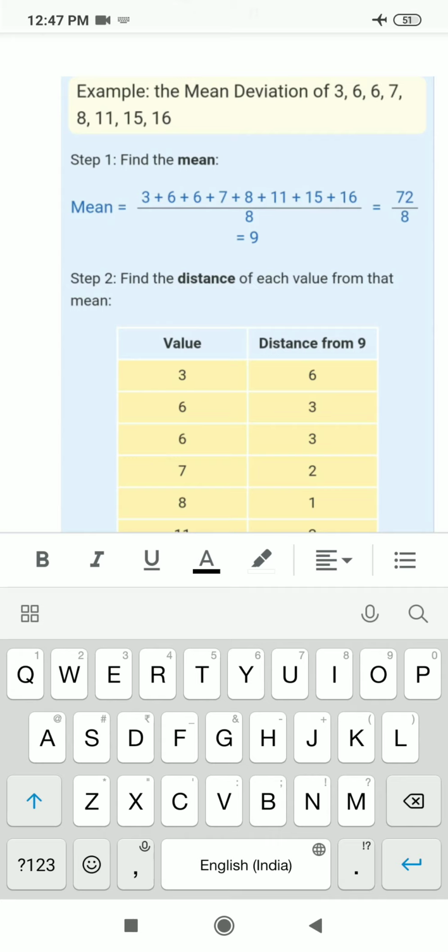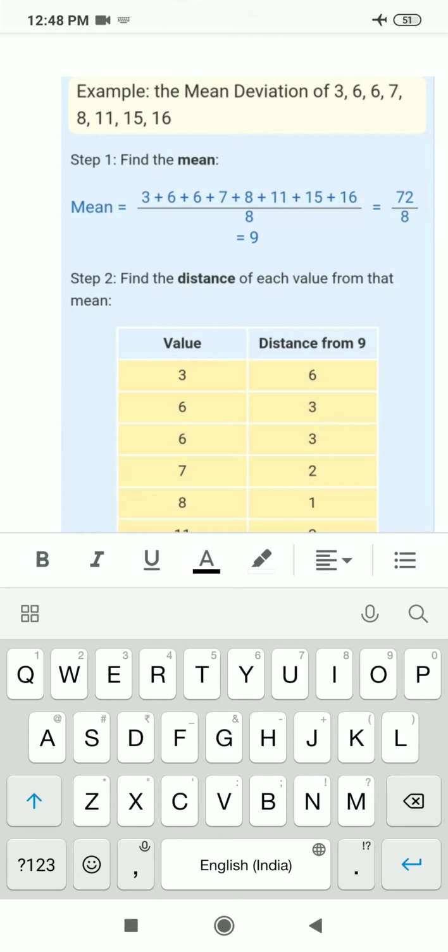Now in order to determine the average deviation of these values, what will you have to do? You will have to take the sum of all these values, so as to find their mean. So mean would be equal to the sum of 3 plus 6 plus 7 plus 8 plus 11 plus 15 plus 16. This comes out to be equal to 72, and these values are total 8 in number. So mean would be equal to 72 divided by 8 equal to 9.